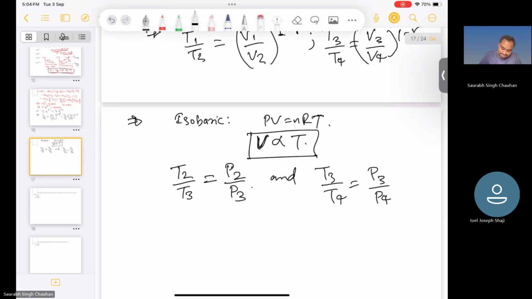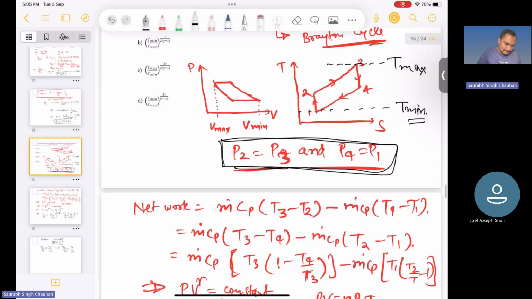Sorry, this should be volume, right? Because for constant pressure, temperature is proportional to volume. So V2, V3, and V3, V4. Correct? Correct.